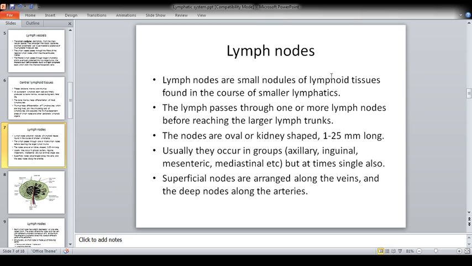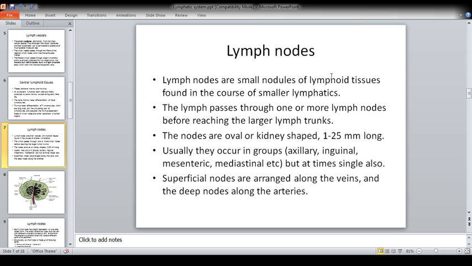Now, all the lymph vessels would have to pass through one or more lymph nodes during their course of travel from intercellular space towards the major thoracic duct or the lymphatic ducts.